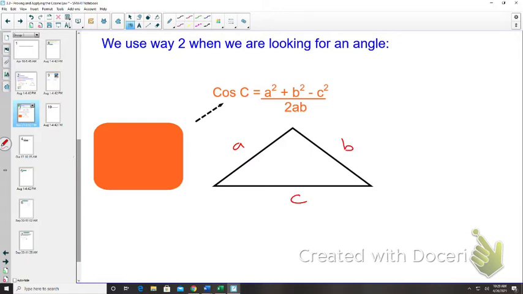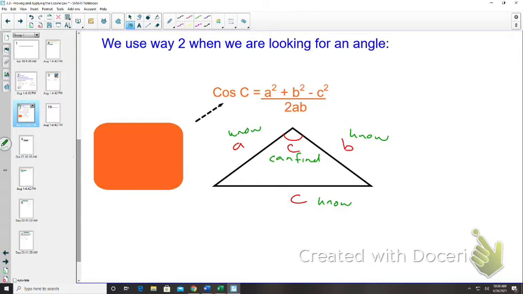And then if we're looking for C, just be careful. Remember, the angles are going to be opposite from that side length, right? So this is angle C, this is side C, right? So we can find that angle if we know A, if we know B, and we know C.